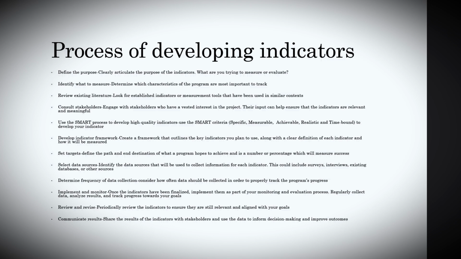As part of our monitoring and evaluation process, we regularly collect the data, analyze results, and track progress towards our goals. Then we review and revise to ensure our indicators are relevant and aligned with our goals. Finally, we communicate the results to our stakeholders and use the data to inform decision making and improve outcomes.